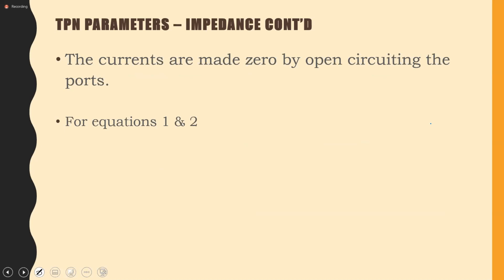So for equations 1 and 2, again, there are impedances. So if it's an impedance, it's what? Voltage over current. For admittance, it was current over voltage. So if we look at both equations and we apply superposition, then Z11 would be equal to V1 over I1, when of course I2 is made zero.